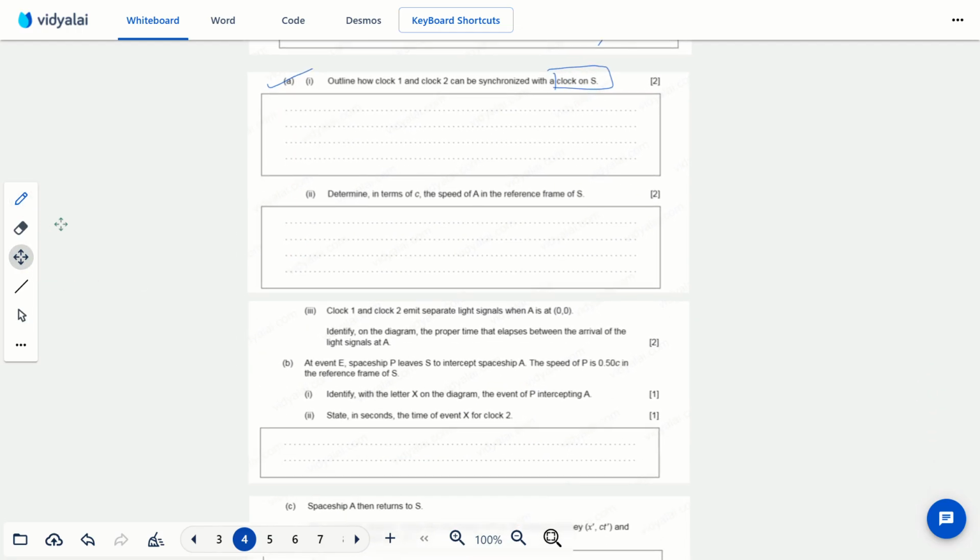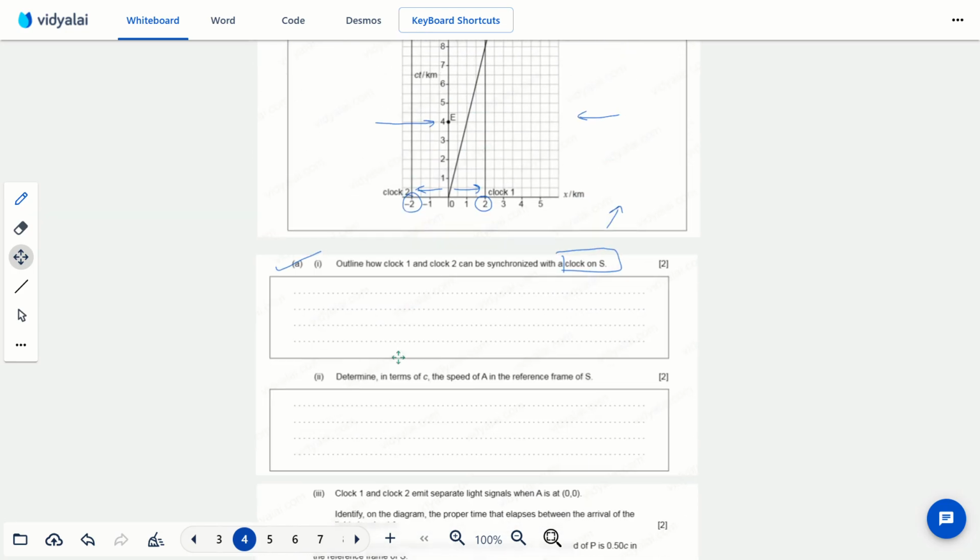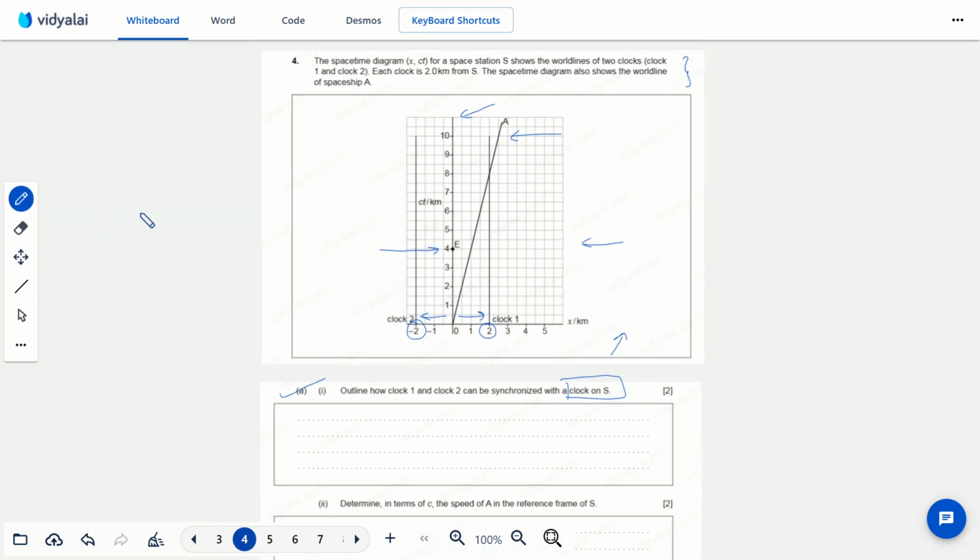So in question 2, we need to find the relative velocity of the spaceship A. So how do we do it?